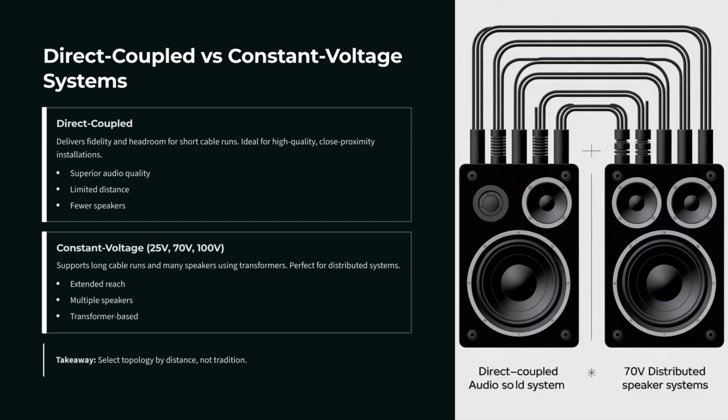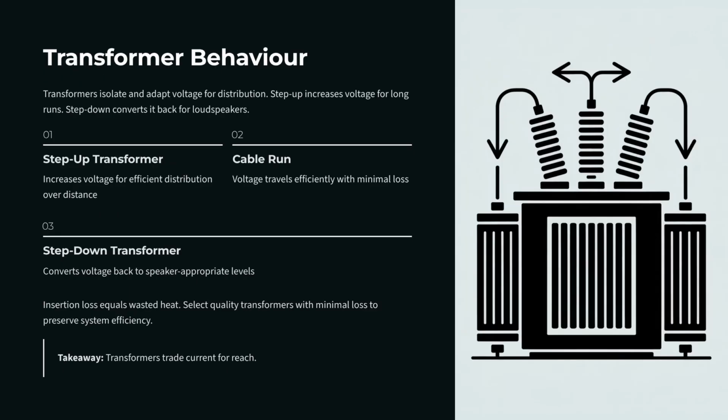Remember that transformers isolate and adapt. Step up increases voltage for distribution and step down converts it back for the loudspeaker. Insertion loss equals wasted heat. So select quality transformers for minimal loss. They effectively trade current for reach. Remember that.